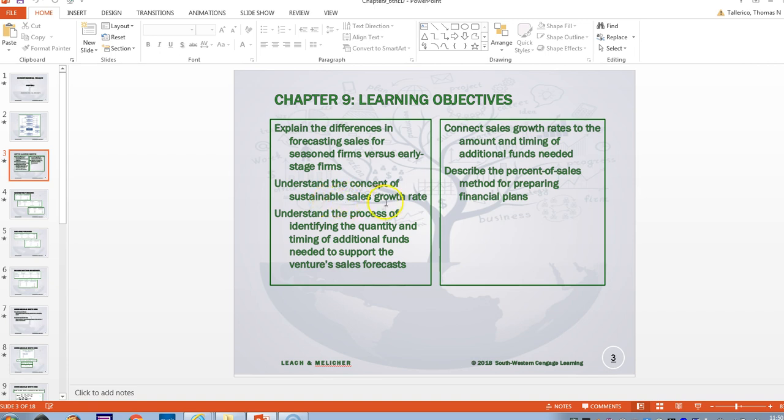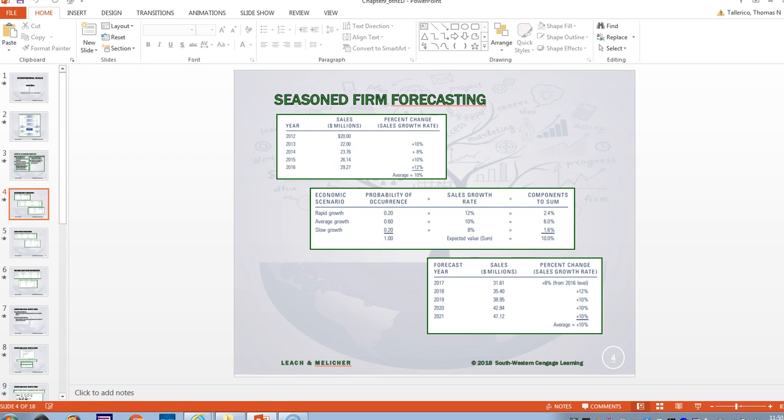And this was the infamous sustainable sales growth rate equations, and that'll be the big emphasis in this chapter. We talked a lot about this already. Percent change in growth or holding period return. Remember, I was showing you these numbers, and we got a 10% there.